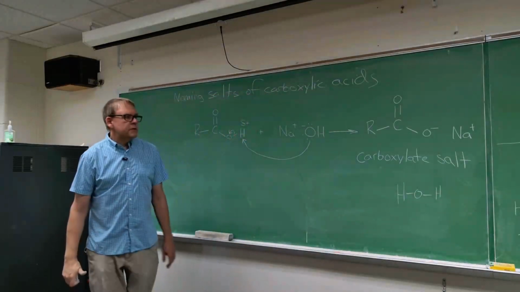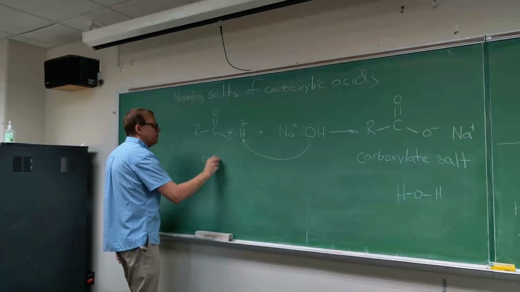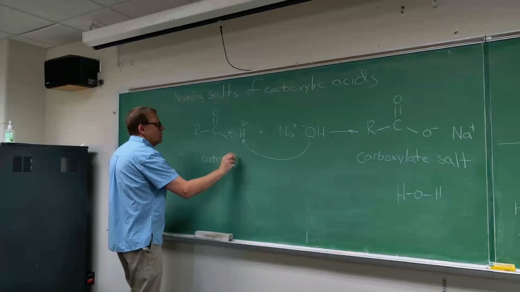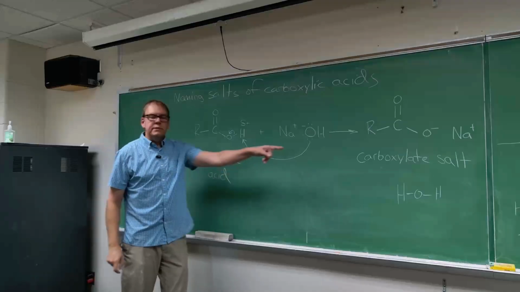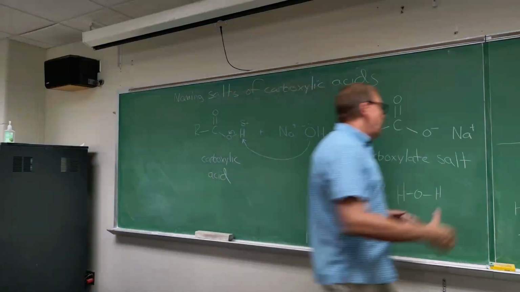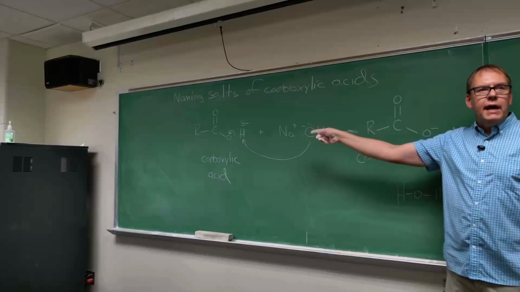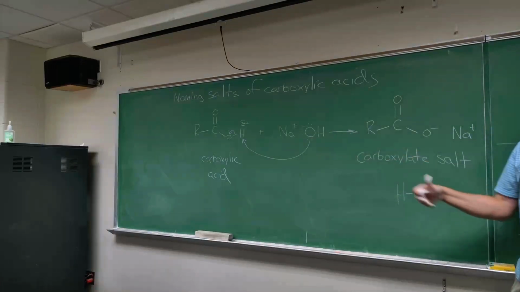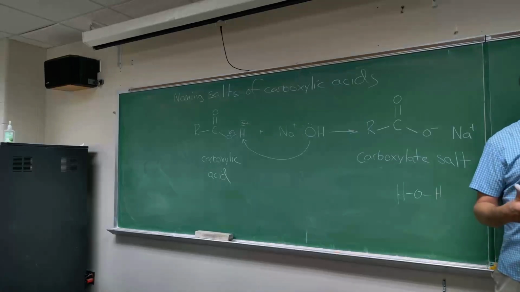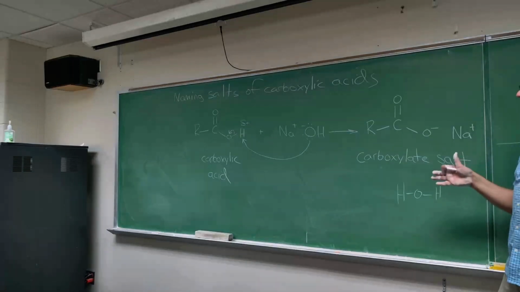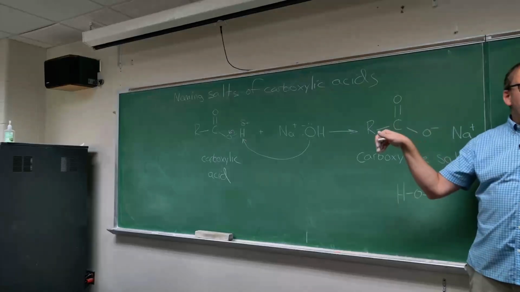And we're going to learn about specific names for those. So it goes from carboxylic acid to carboxylate salt. And you can take a carboxylate salt and make it go back to the carboxylic acid by adding a strong acid, like hydrochloric acid, for example. So a lot of the chemistry of carboxylic acids revolves around taking the proton off, getting this, and then taking this and putting the proton back on.